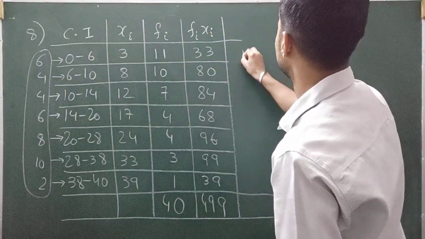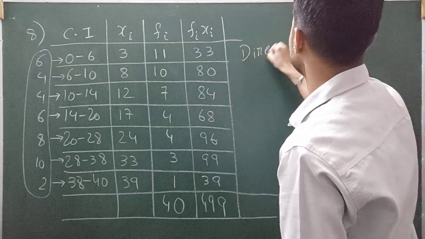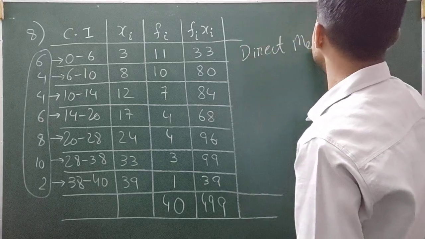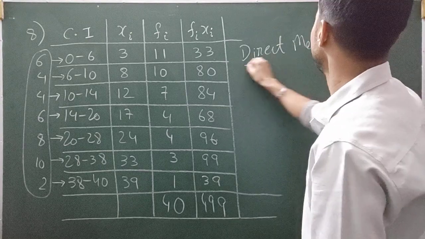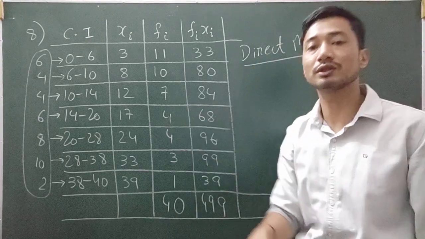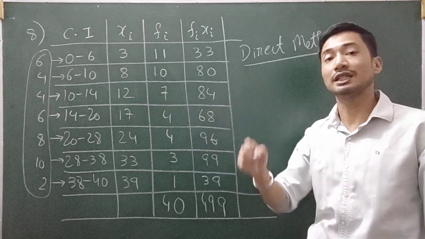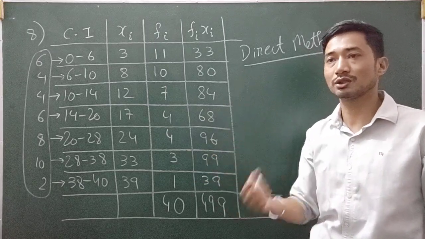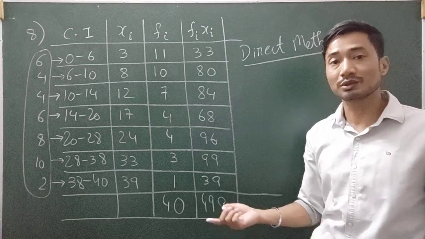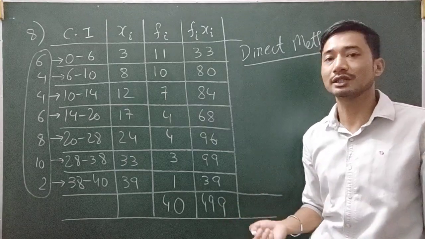So, direct method. Of course we have to mention which method we have used, so don't forget that. In the previous question also, do mention that we used the step deviation method, because they told us to mention the method. Maybe half a mark or 1 mark they might deduct if we don't write it.